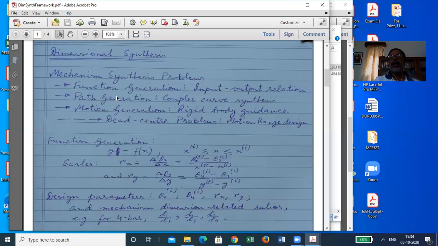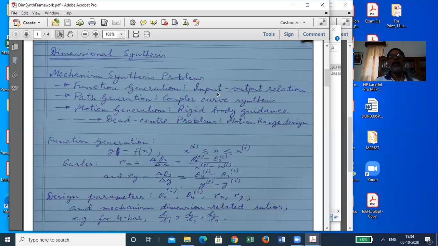Okay, so how to put the four-bar mechanism or any other mechanism in which there is a link which would traverse that curve when you operate the mechanism continuously. Okay, and in every cycle through that segment it would then operate like that only. We are talking about single degree of freedom mechanisms. Okay, so this is coupler curve synthesis.